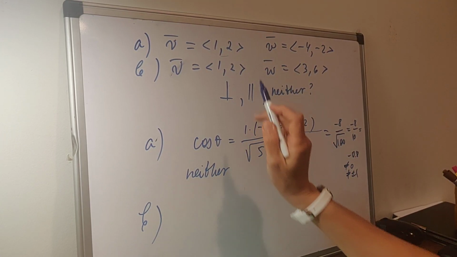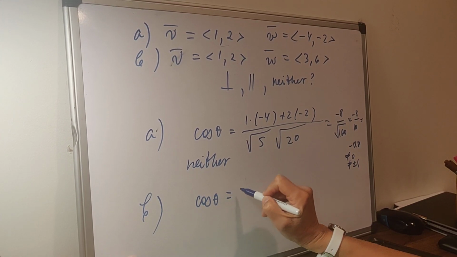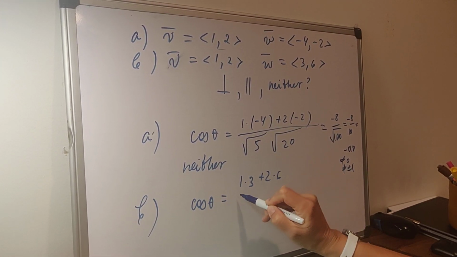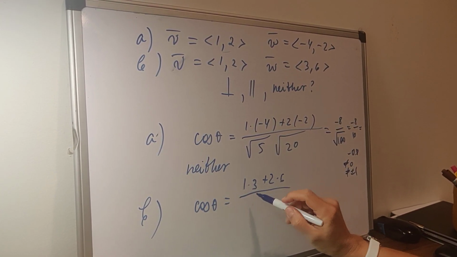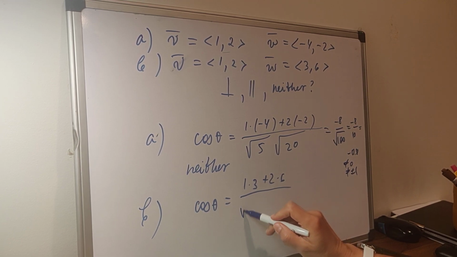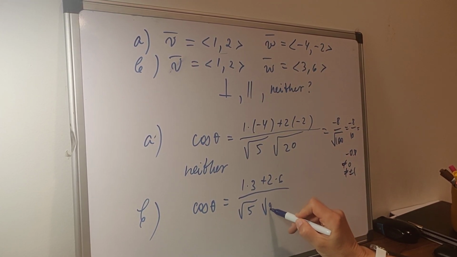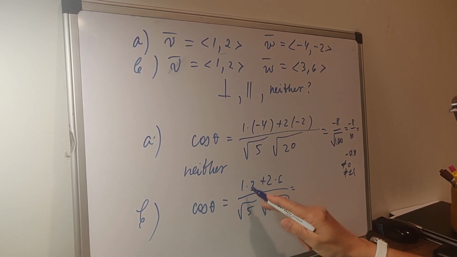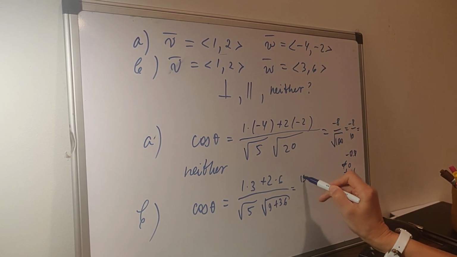B, these vectors. Cosine of theta, 1 times 3 plus 2 times 6. Doesn't look like they're going to give me 0 over here, no minuses, right? And I'm going to have a square root of 5, and this one is going to give me 9 plus 36. Numerator: 1 times 3 is 3, 2 times 6 is 12, so it's 15.